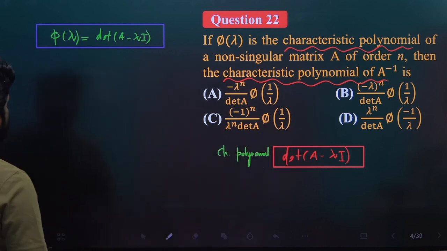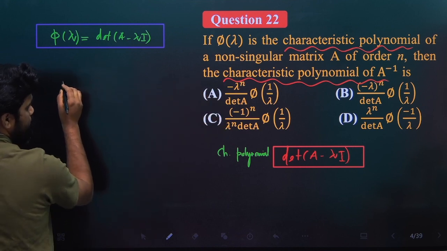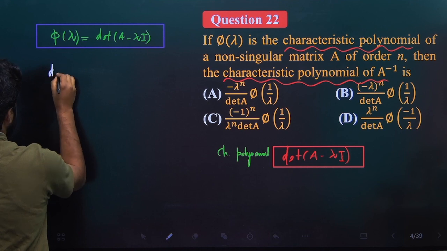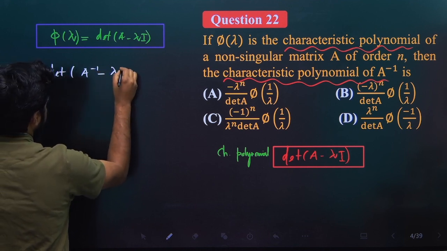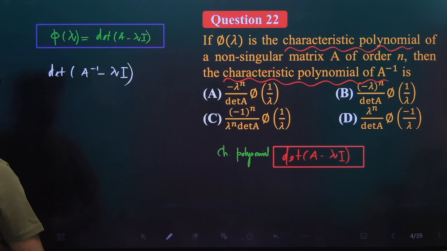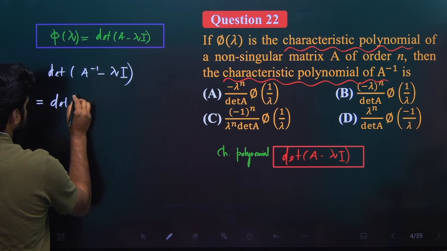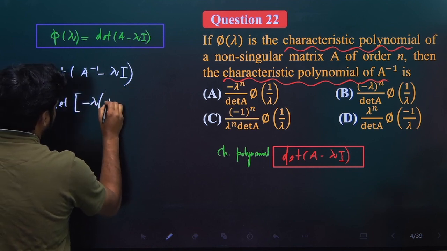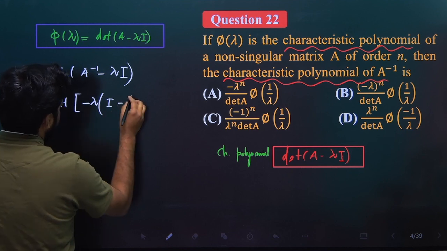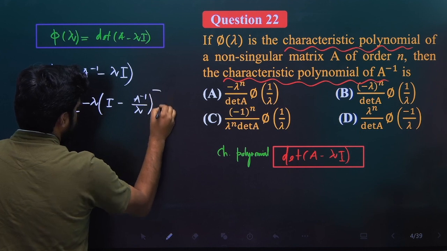So now determinant of A inverse minus lambda I. So this is equal to determinant, just taking minus lambda common, so what we get is I minus A inverse by lambda, right?